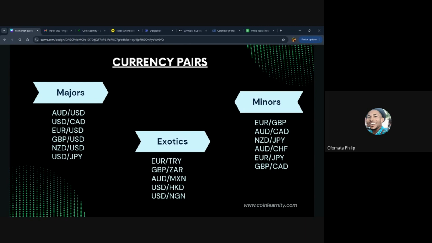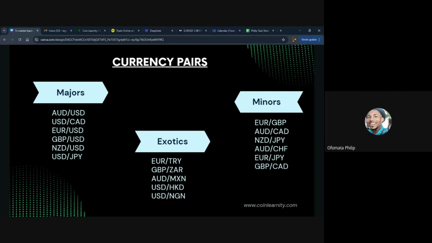That is why the exotic pairs are more volatile than the major pairs. The major pairs are less volatile, but they have more liquidity, which means they would move more often, but will not move with the type of volatility you see in the exotic pairs. So the exotic pairs would consolidate more, but when they move, they move over a very, very large range.